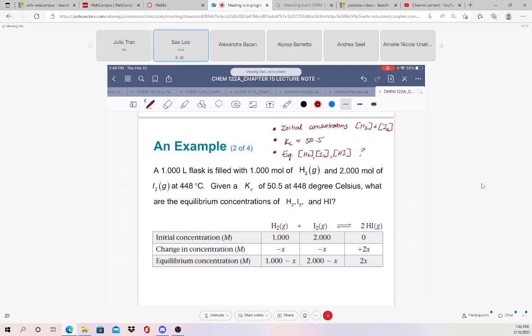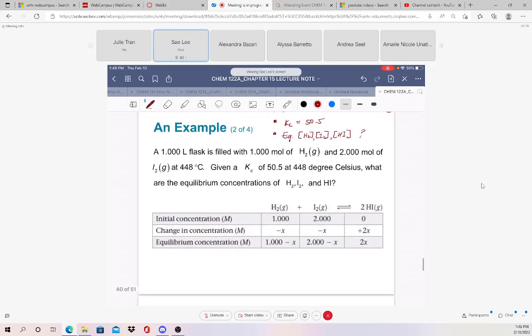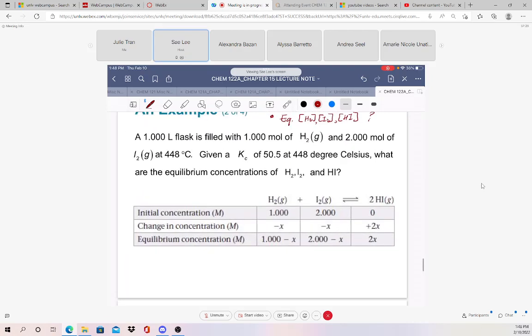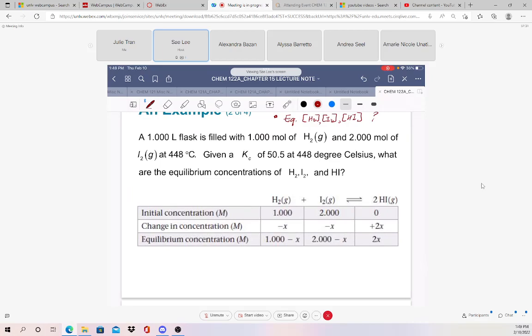Okay, so the first step will be creating a table again. Write down all the information that you already know. We already know the initial concentrations, so we put 1, 2, and because we have 0 product to start, we put 0 for the initial concentration of product.